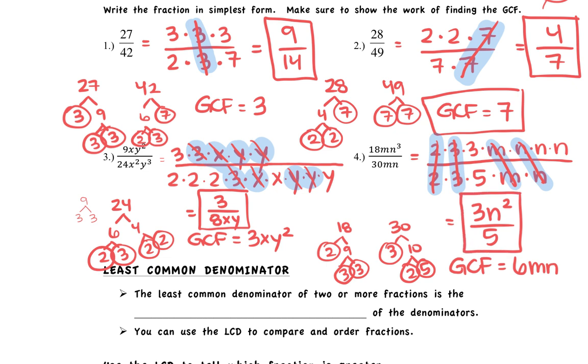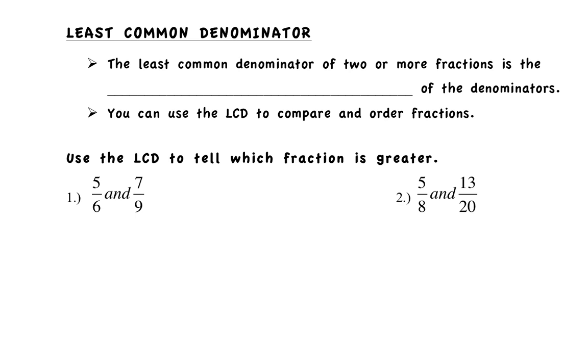All right, now let's move on and talk about the relationship, how we can see least common multiple can help us with fractions. All right, so the least common denominator of 2 or more fractions is simply the least common multiple of the denominators.